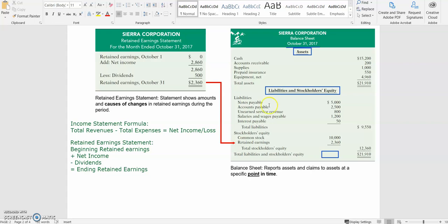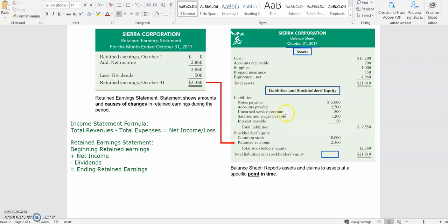In Chapter 2, you learn about the current and the long-term portions of notes payable, which is another word for a loan. If you need to pay back that loan soon, within a year, it will be classified as current. If you need to pay it back longer than a year, it'll be classified as long-term. But basically, most of your liabilities are going to have the word payable, which means that you owe amounts to others.